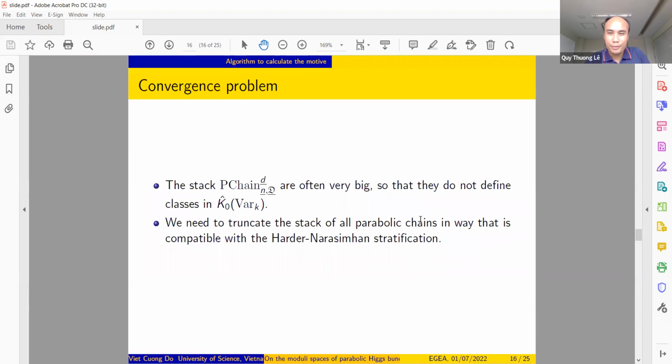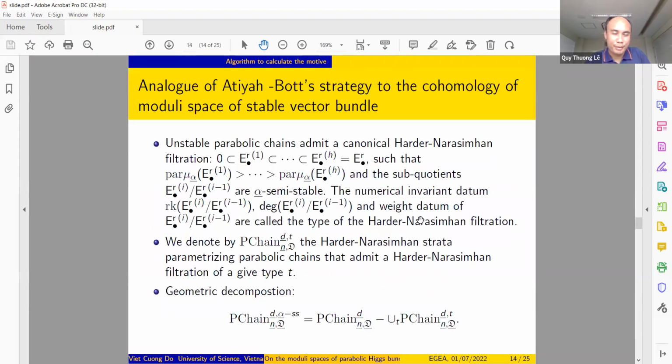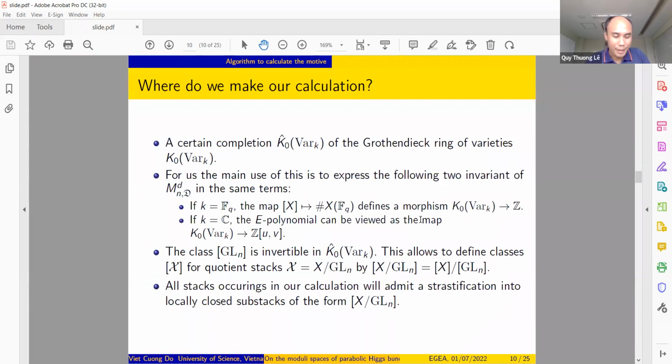Maybe you should replace the Grothendieck ring of varieties by the Grothendieck ring of stacks or something like that. This is the first question.